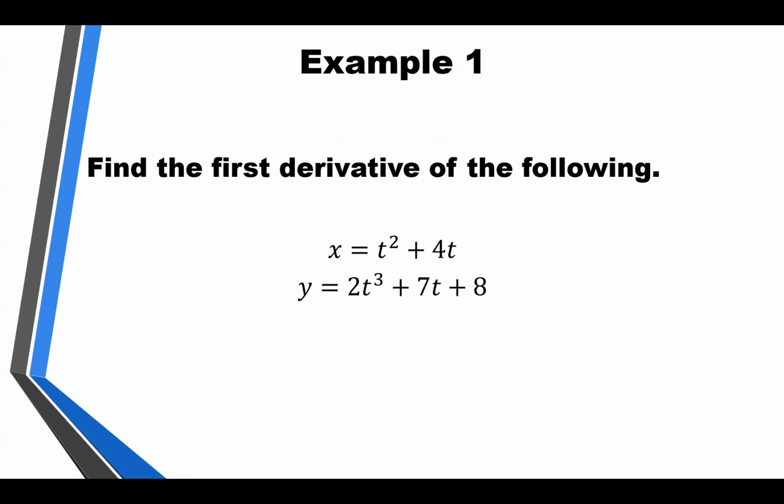Here we have a pair of parametric equations. x equals t squared plus 4t, and y equals 2t to the third plus 7t plus 8. I'll find the first derivative of this pair of parametric equations.